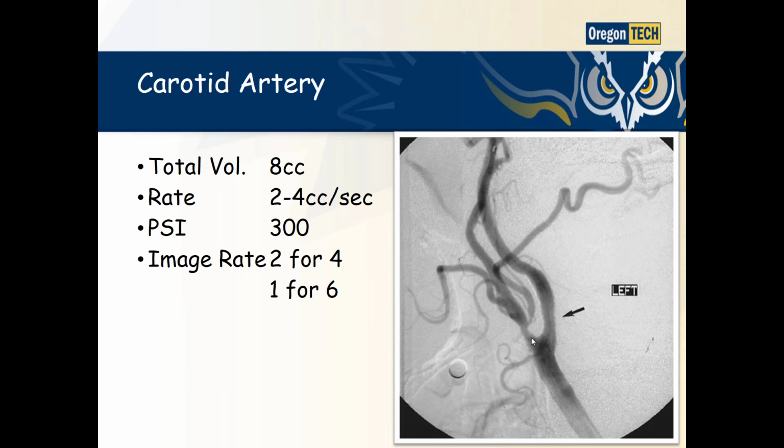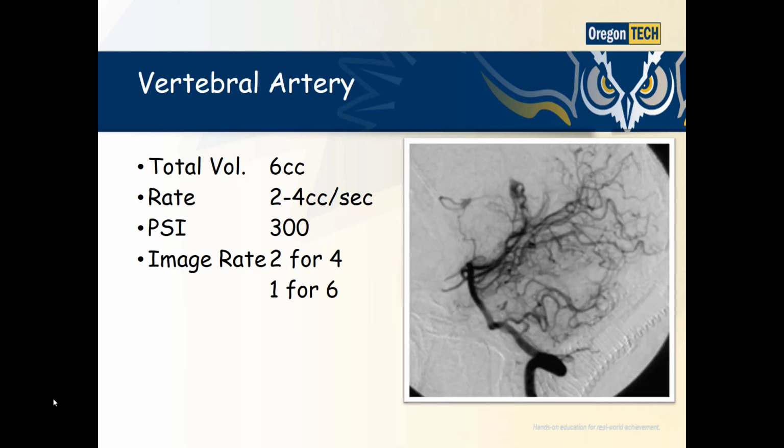If you notice the external carotid artery, it bifurcates and it's going to be feeding the face and head. Here's a vertebral injection, vertebral artery, and you can see here you have the posterior and middle cerebral arteries.